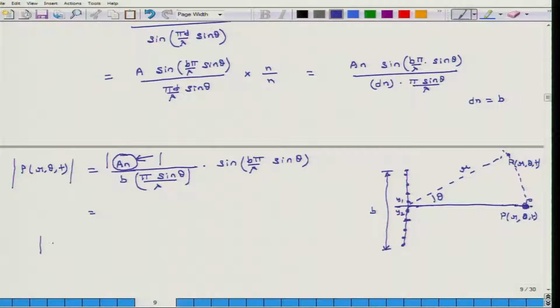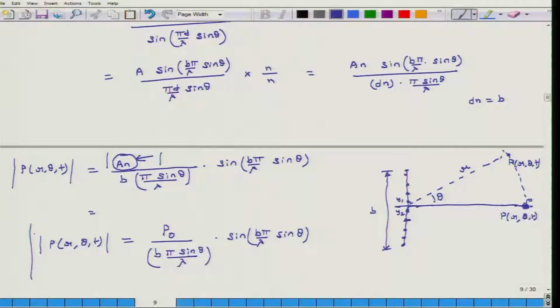So, the magnitude of sound at position theta is equal to magnitude of sound at angle 0, which is P0, divided by b pi sin theta by lambda times sin of b pi by lambda sin of theta.